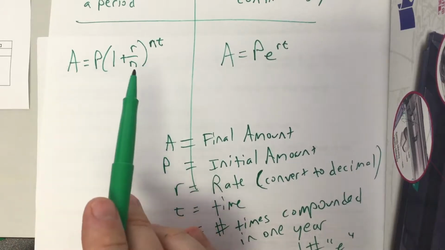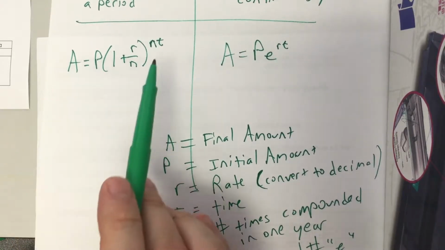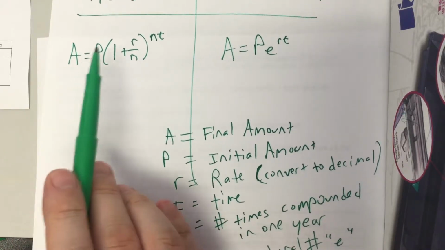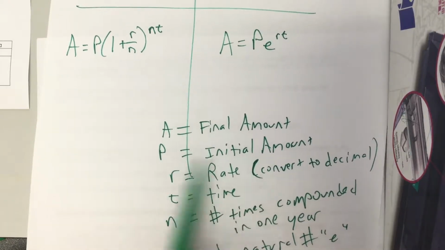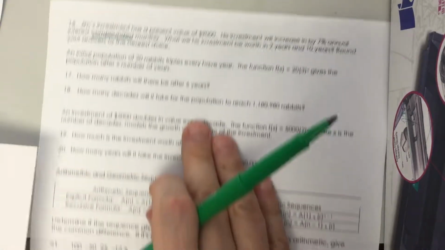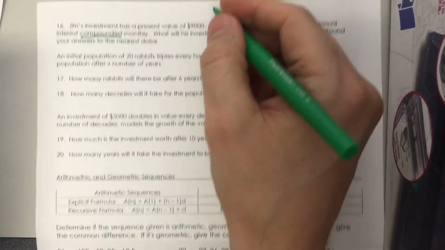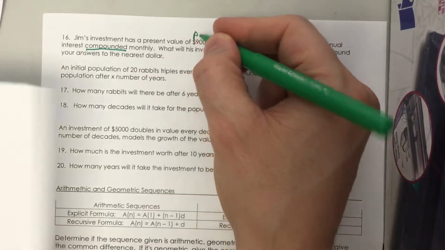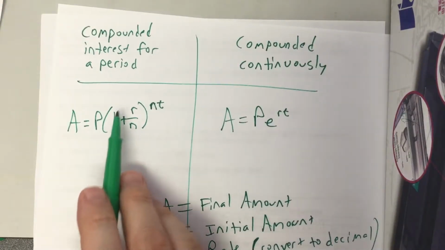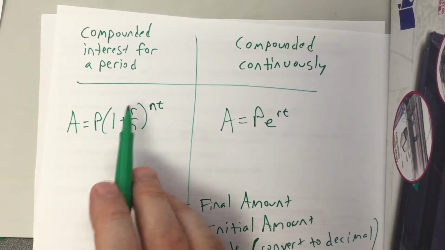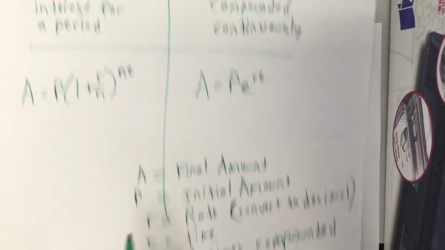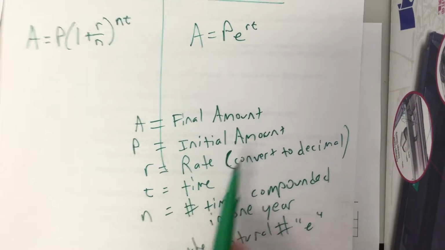So it's a lot of stuff, but you just figure out what value is what, you plug it in the calculator, you get the answer. The P is your principal amount or your initial amount. In this problem, the P is $9,000. Then you have times 1 plus R divided by N. R is your rate converted to a decimal.